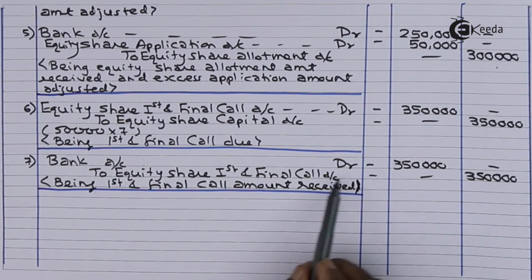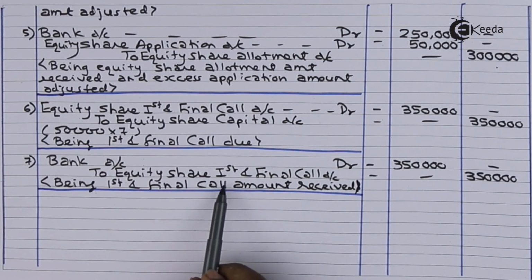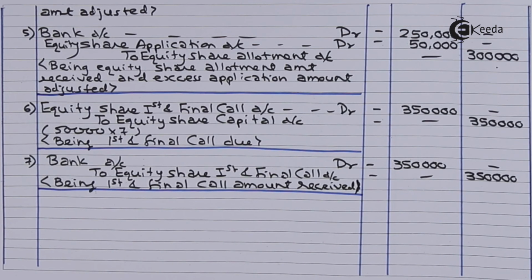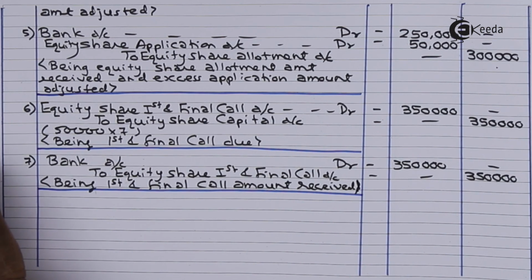Bank account debit to equity share first and final call account 3,50,000. This is an entry for final call amount received. In this question, we have recorded all journal entries up to final call.